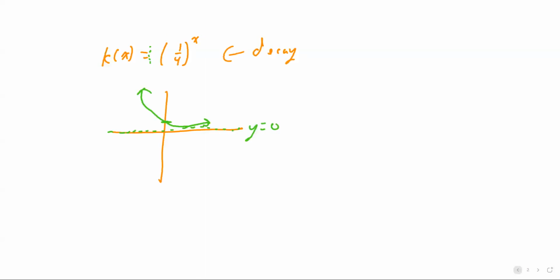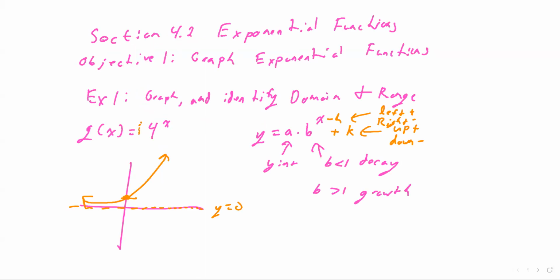All right, so now we're just going to talk about transformations. Oh, I didn't do the domain and range on those other two. What would be the domain in this situation? It's all real numbers. Perfect. So we write it as negative infinity to infinity. What about the range?